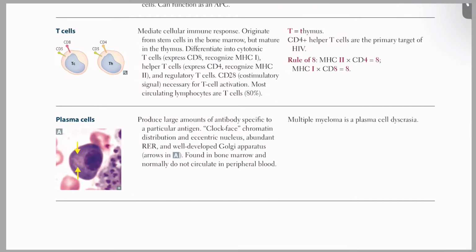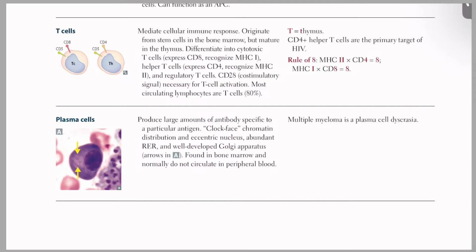T cells mediate cellular immune response, originate from stem cells in bone marrow but mature in the thymus. Differentiate into cytotoxic T cells, express CD8, recognize MHC type 1; helper T cells, express CD4, recognize MHC type 2; and regulatory T cells.